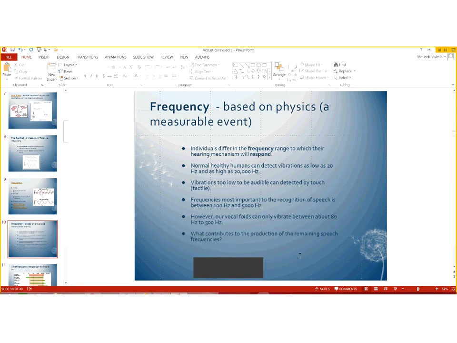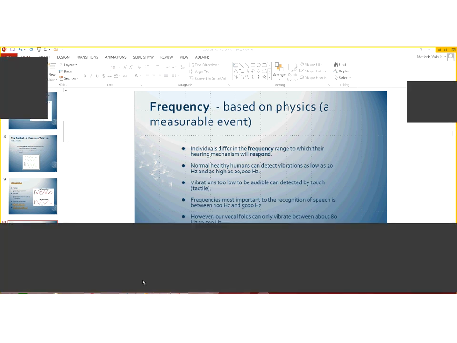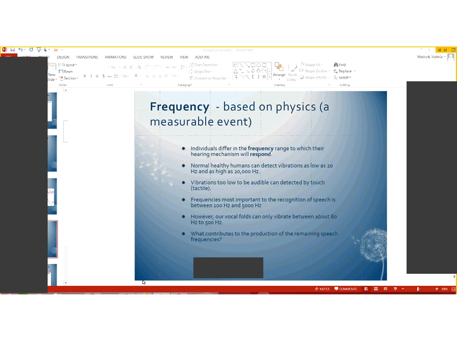Okay. So far we've talked about the production of a sound. What about the detection or the reception of a sound? A normal, healthy human ear and brain can detect sound as low as 20 cycles per second and as high as 20,000 cycles per second.